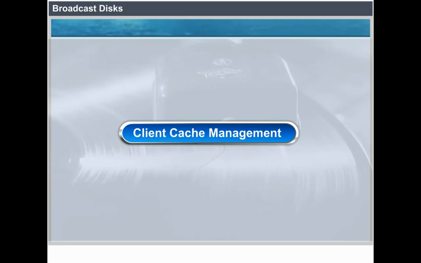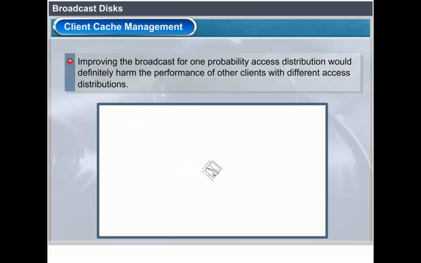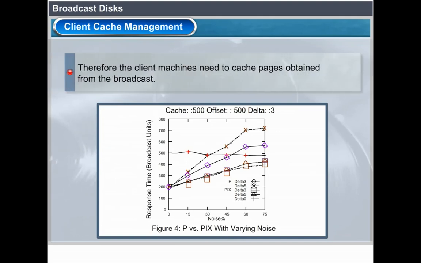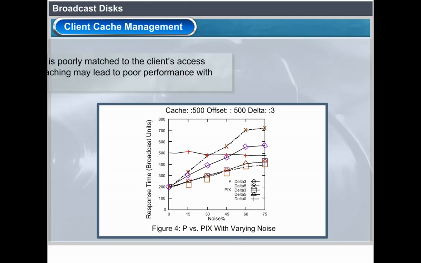Client cache management. Improving the broadcast for one probability access distribution will hurt the performance of other clients with different access distributions. Therefore, the client machines need to cache pages obtained from the broadcast. With traditional caching, clients cache the data most likely to be accessed in the future.